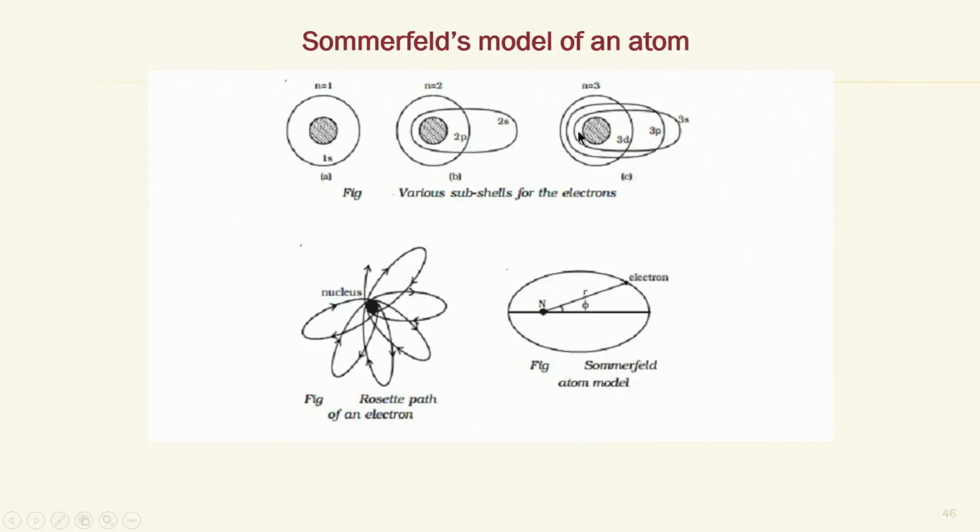This was the contribution of the Sommerfeld theory, and subsequently this is the rosette path of an electron. That is also very interesting, how the electrons can move around in space.